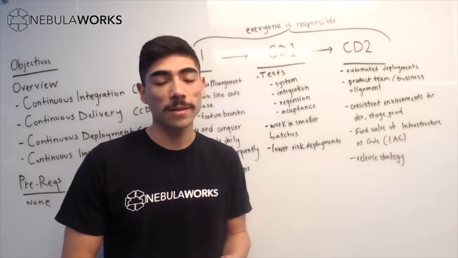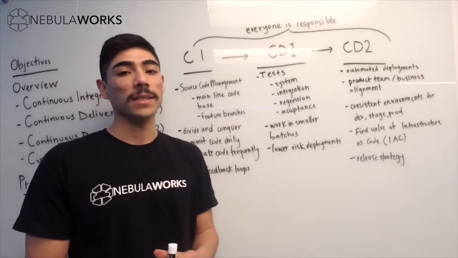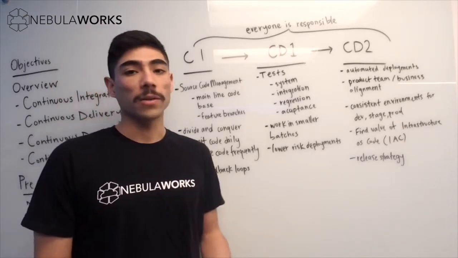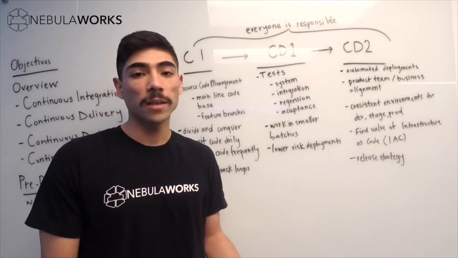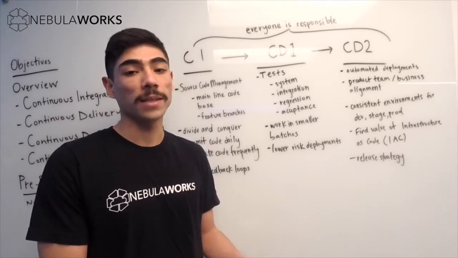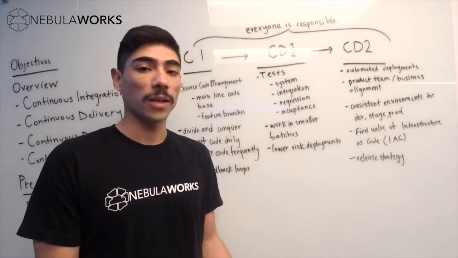So I'm going to start by talking about continuous integration, which is abbreviated as CI. And I'm going to start by talking about source code management. So there needs to be a strategy in place in order to manage changes to a code base. So with a tool like Git, there's a concept of branches.